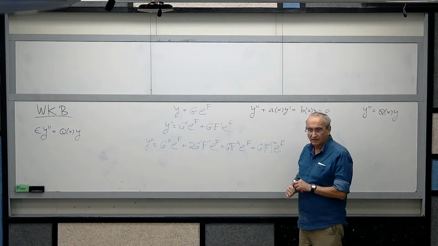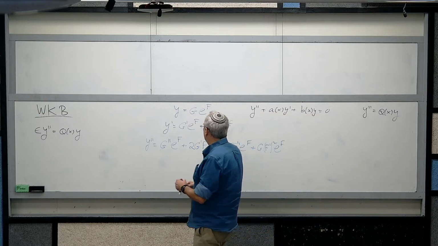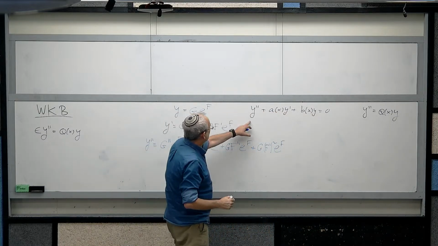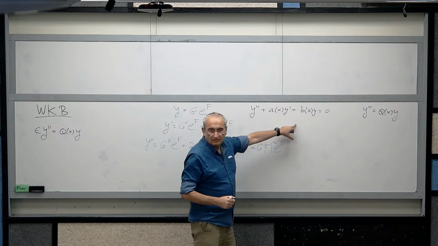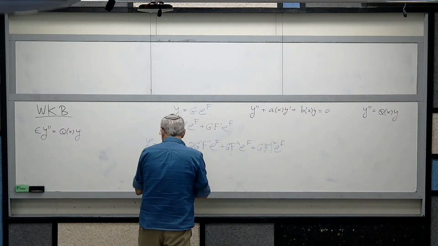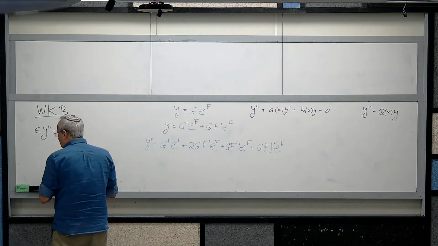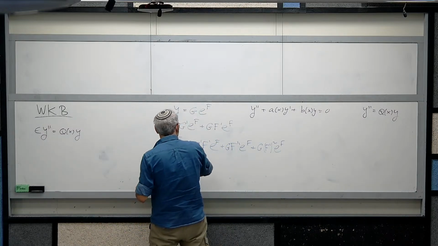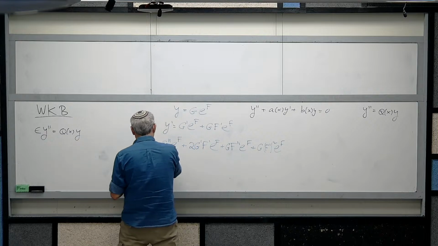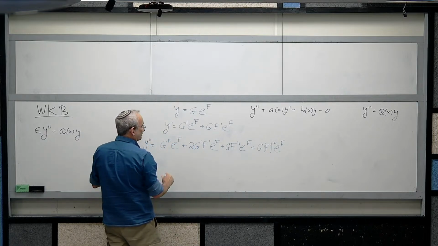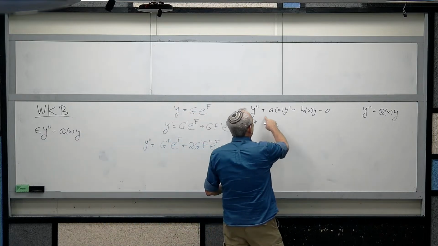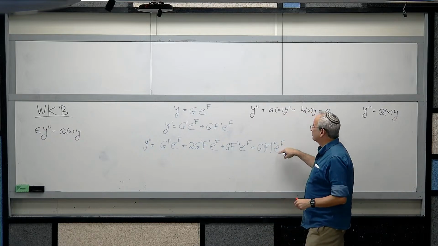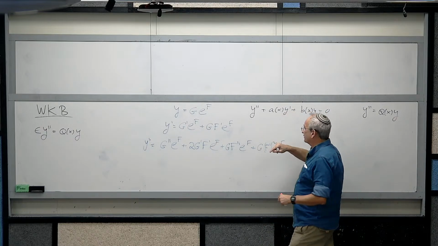Okay? You see? So now, if we want to write this equation, how does it look? So we have y double prime, and clearly, when writing it like that, the e to the f will cancel out. Okay?